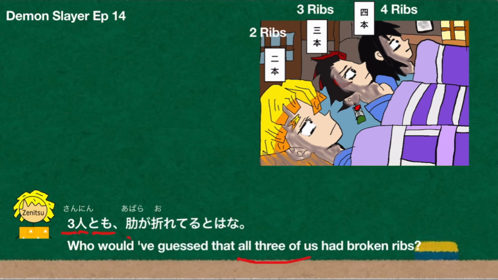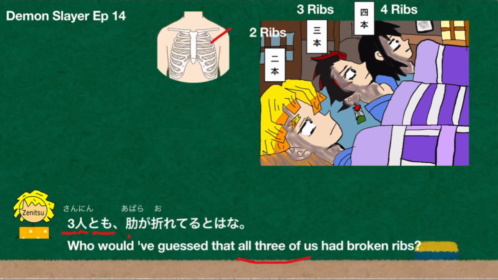あばら is this part, the ribs, a thin and long object. So when we count あばら, we use the counter 本, which reads hon, pon, or bon depending on the number before the counter. So 2本, 2 ribs; 3本, 3 ribs; 4本, 4 ribs.